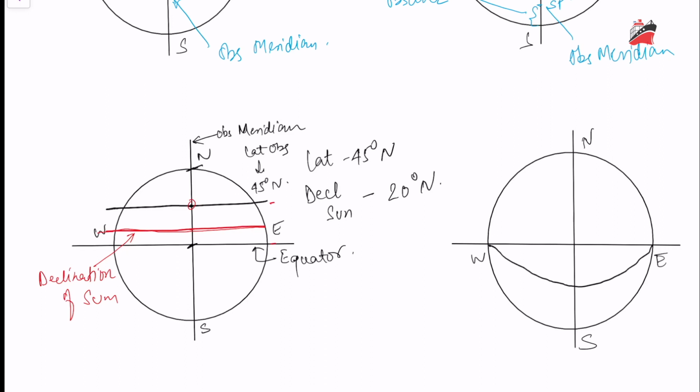Let me redraw it. The observer is at 45 degrees north, so 45 degrees north will be in between this and this. It comes somewhere here. So this is the equinoctial or the equator, and this becomes the latitude of the observer, which is 45 degrees north.